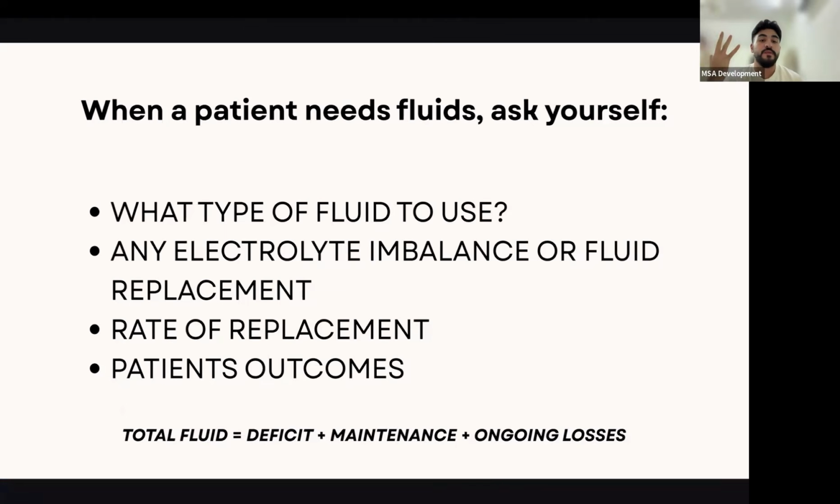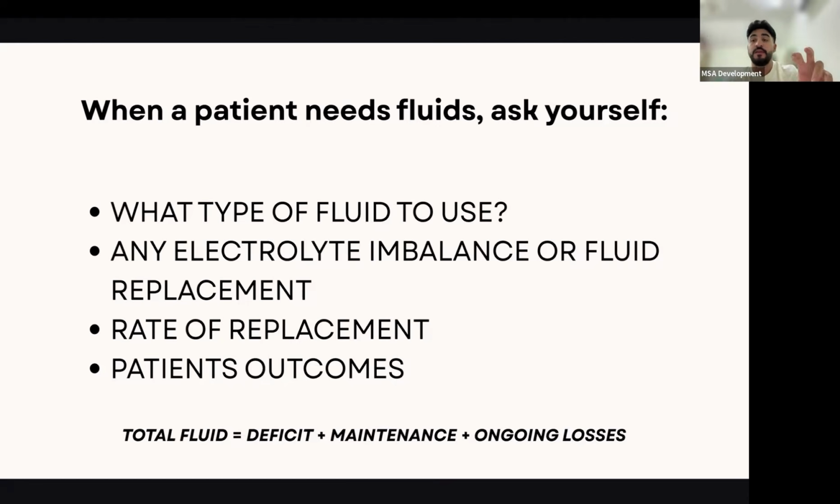And the total fluid that you need to give to the patient should be composed of three different factors. First of all, how much in deficit is he in? Second of all, how much you need to give him so that he can maintain that state of euvolemia in his body, and what are the ongoing losses, right? Like, let's say, for example, a patient is bleeding, okay, and let's say he bled around 500 milliliters of blood.